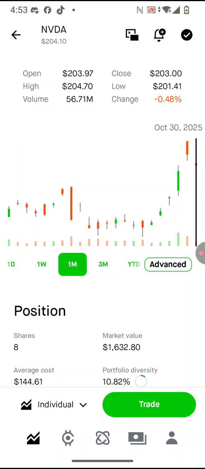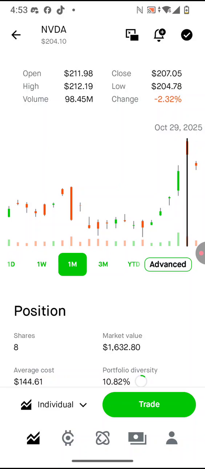Look, 201 on the low, 204 on the high. These are just single candles. This is the day chart though. It went from the high 212, the low 204. So it showed the support was at 204, and then resistance is at 212. So we know if we get back above 204, we can go to 212. Then you look at this candle, 191. What I was showing y'all, that's support too.